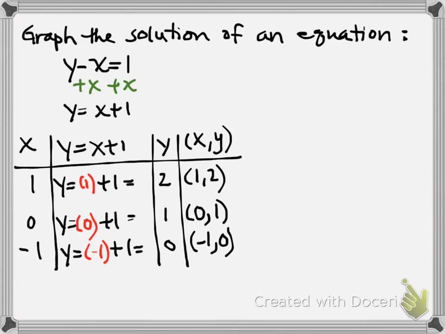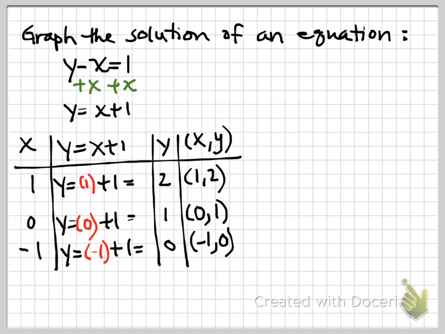Okay, now I'm going to add my graph paper. And I'm going to graph this solution. So notice I don't have anything super big that I need to go to. I need to go to 1 and -1 on my x-axis, and I need to go up to 2 on my y-axis. So remember I talked about making my graph go along with what information I have.